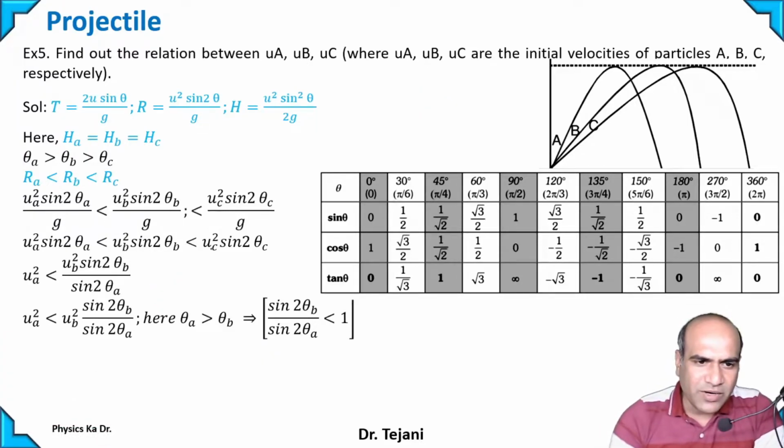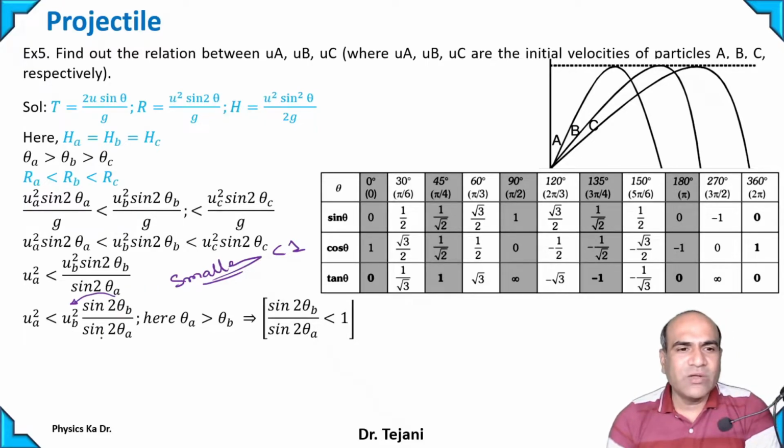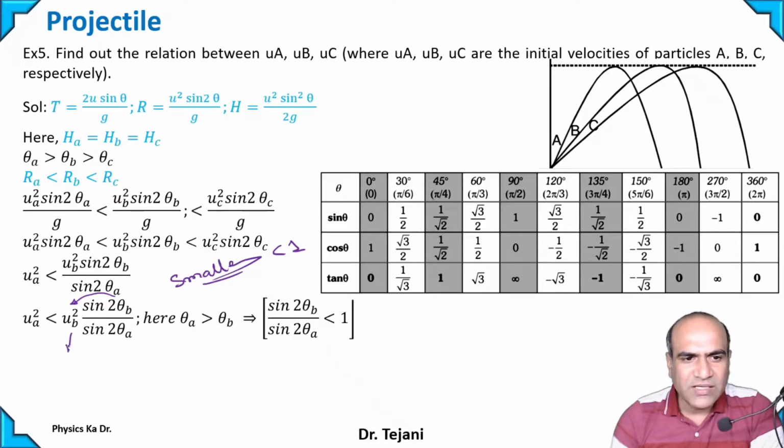So this component always has a value smaller than 1. Multiplication of a smaller value with any original value further reduces its value.